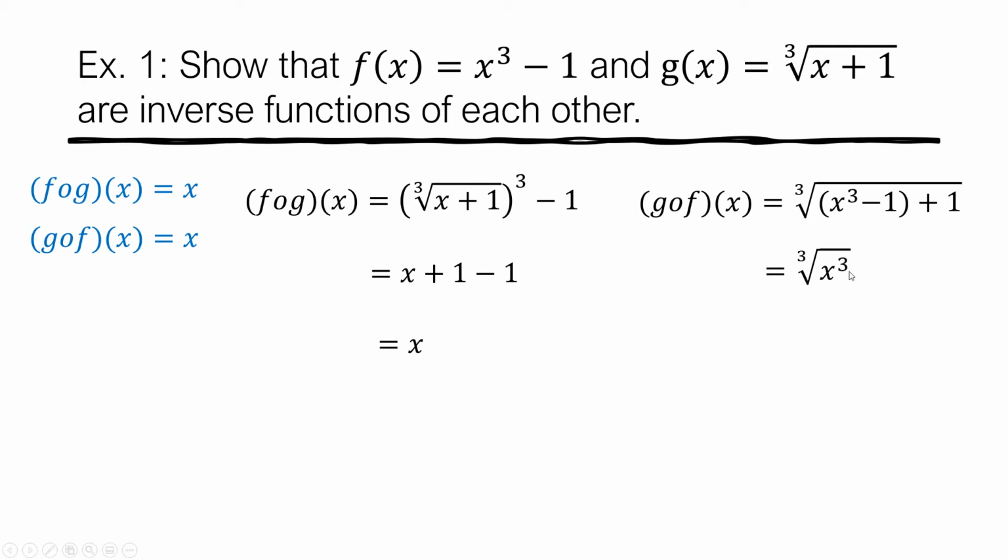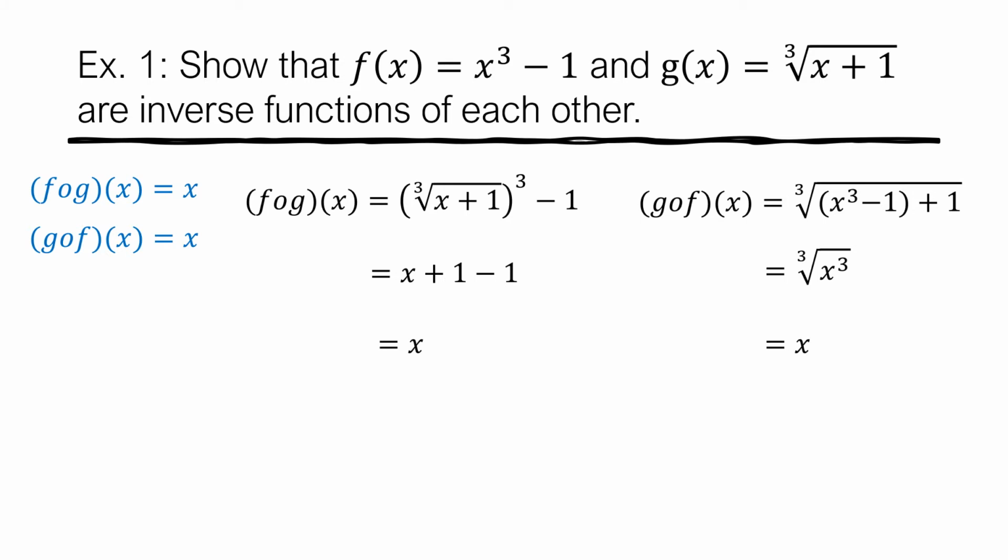Now, since the index and the exponent of the radicand are the same, we could have it equal to exponent 1. So, what remains is x.